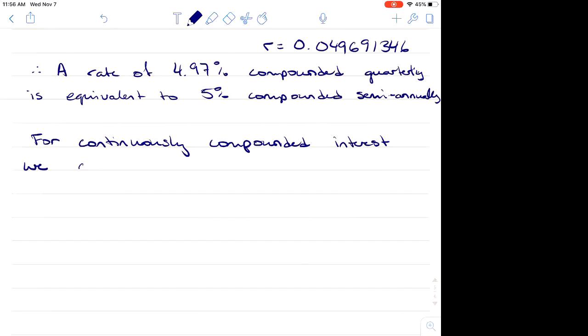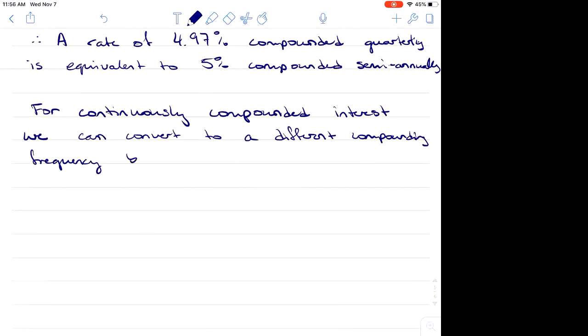we can convert to a different compounding frequency. By, and even if you just had to guess which one it is on here, you would probably use I2 equals E to the power of R over F, all minus 1.